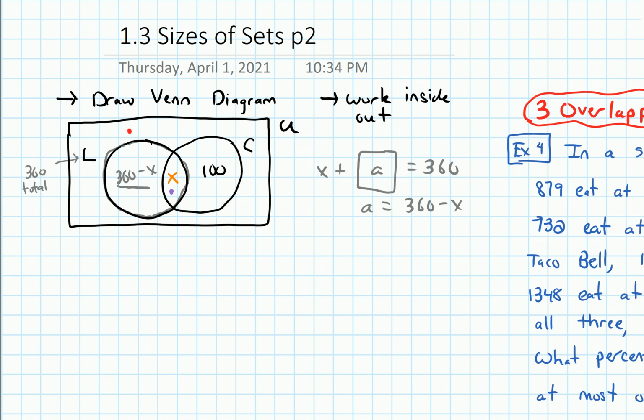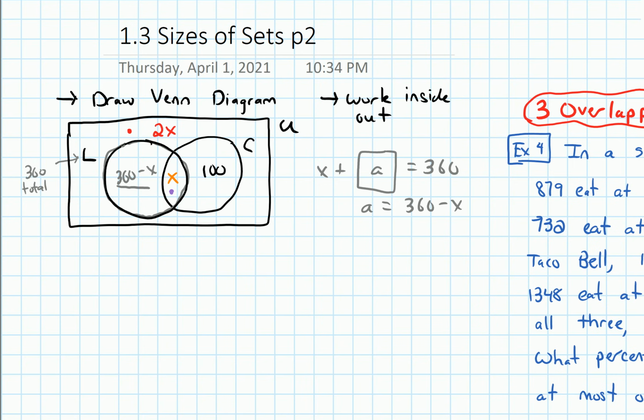So the statement is saying there's twice as many people outside of both circles as there are in the intersection of the two circles. So if I said that there's x people in the intersection, that means there's got to be twice as many outside of both circles. So I would write 2x out here. All right, so we really had to translate those words into algebraic values like this.